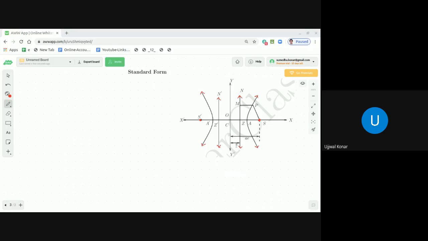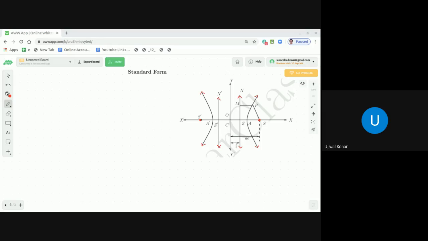Now we draw ZS perpendicular to the line NZ, that is the directrix. Let us divide the segment ZS both internally at the point A and externally at the point A dash in the ratio 1:E.